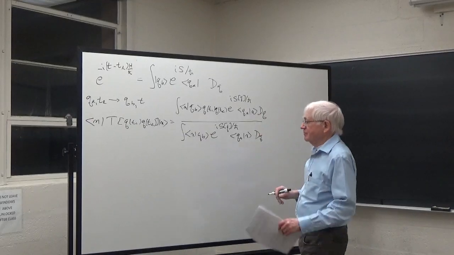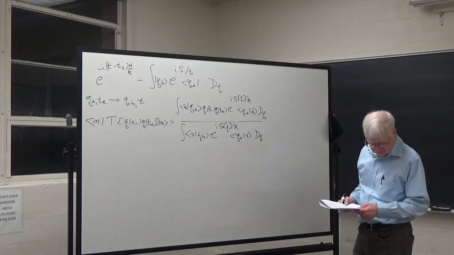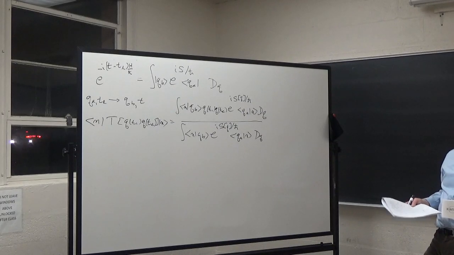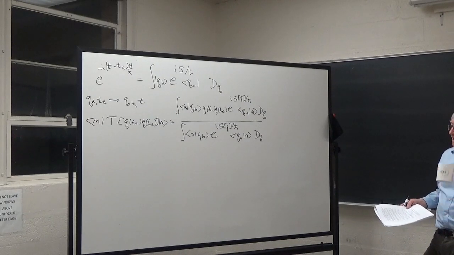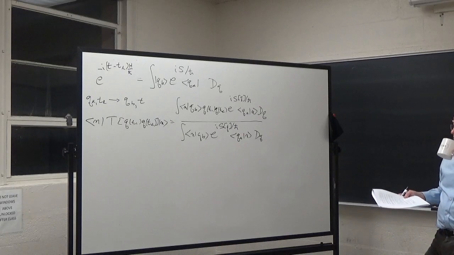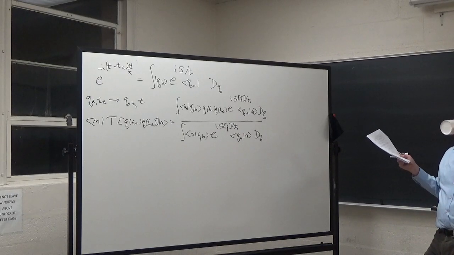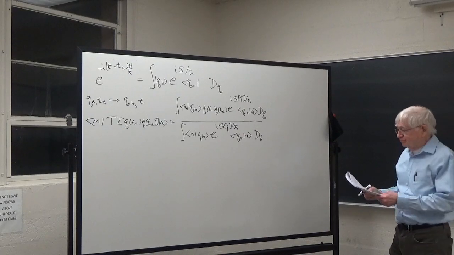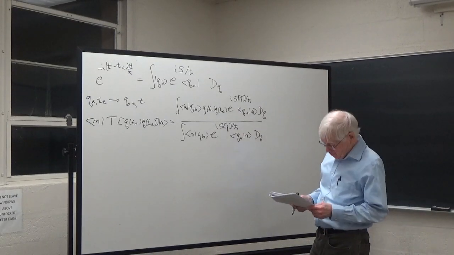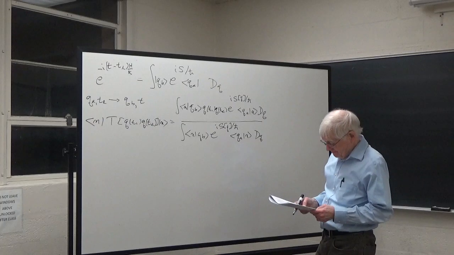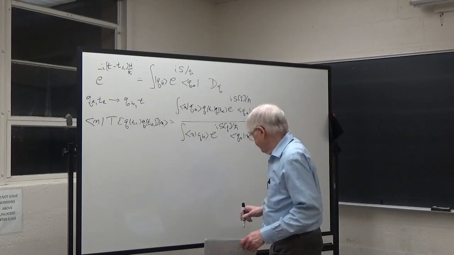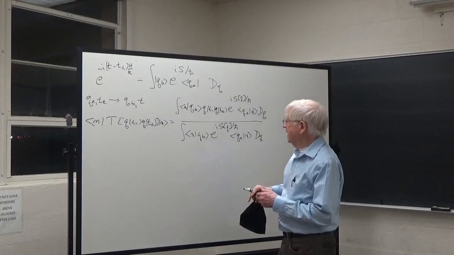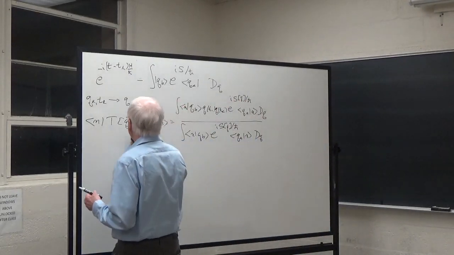So this is the formula for the mean value, in a given eigenstate of the Hamiltonian, of a time-ordered product of two position operators. And we can immediately generalize this to n position operators.